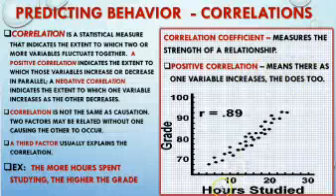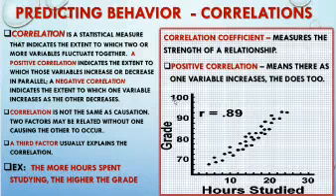Here, the number of hours studied are definitely correlated or related to a certain grade being earned, but hours studied does not necessarily mean that it caused a higher grade. R equals 0.89. The closer the number is to 1.00, the stronger the correlation, as we'll explain in the next slide.